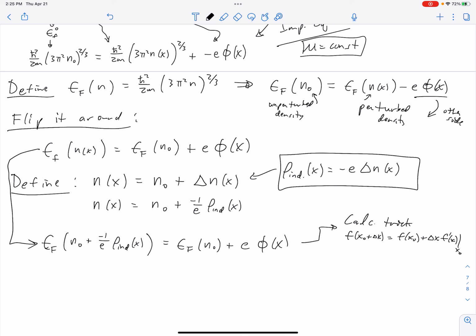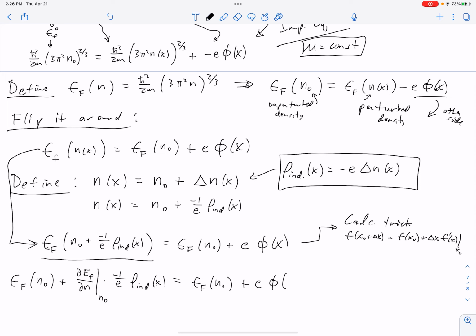So I can rewrite this function as simply E_F of n naught plus dE_F/dn evaluated at n naught times negative 1 over e rho induced of x, is equal to E_F n naught plus e phi of x.